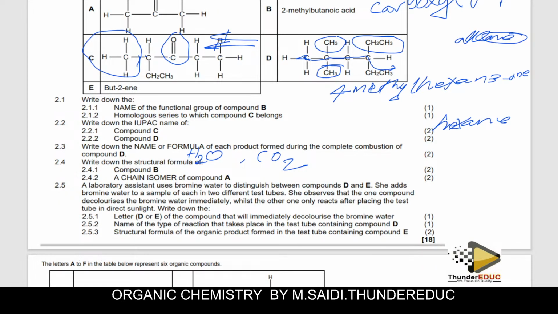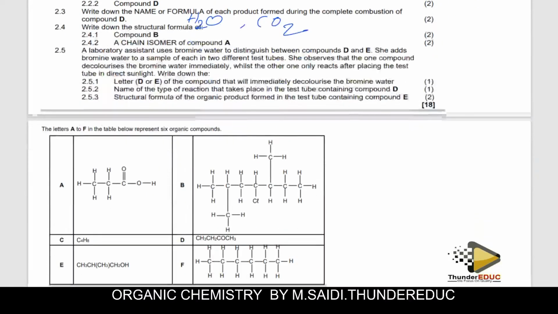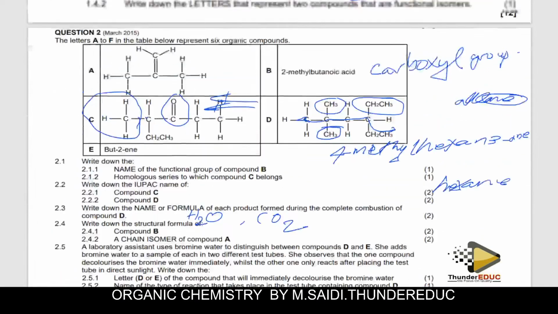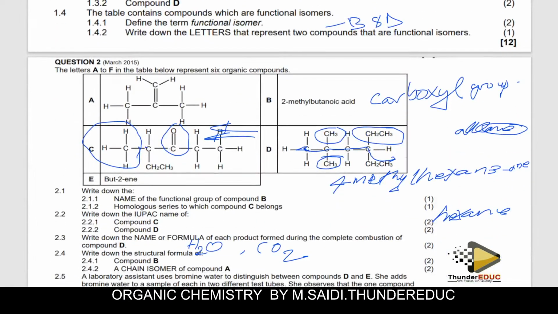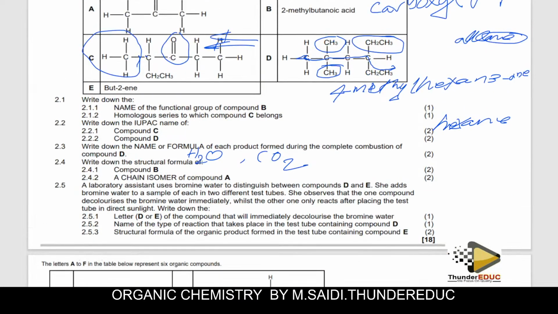When they say compound B, they're looking for the structure formula of 2-methyl butanoic acid. So they say to write down the structure formula of that compound.